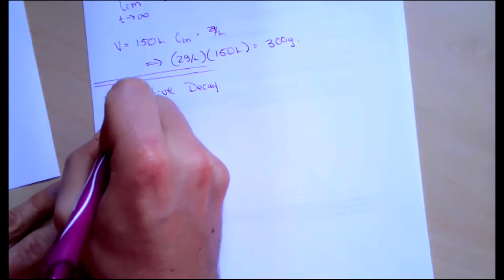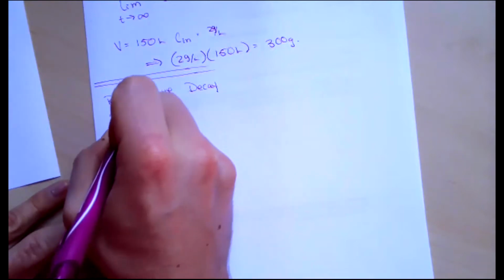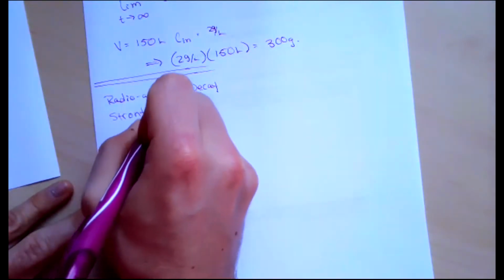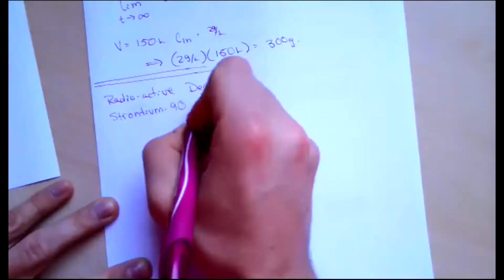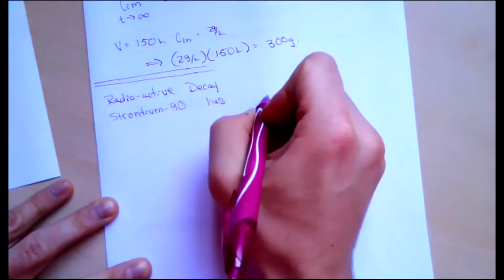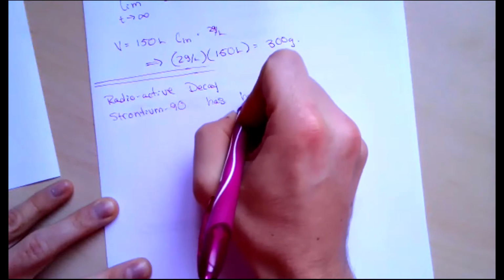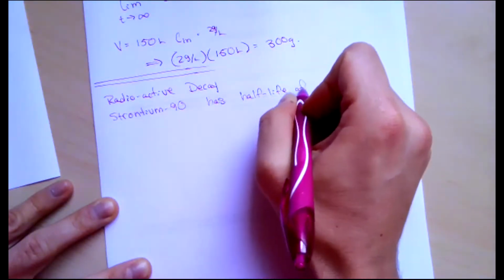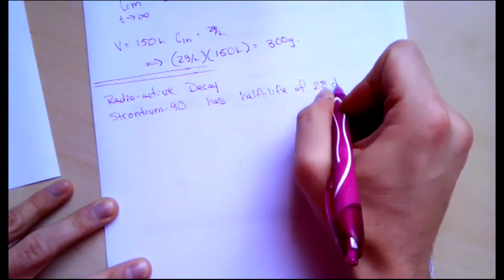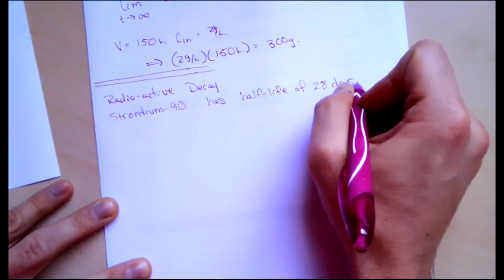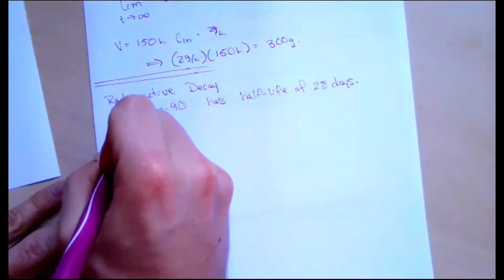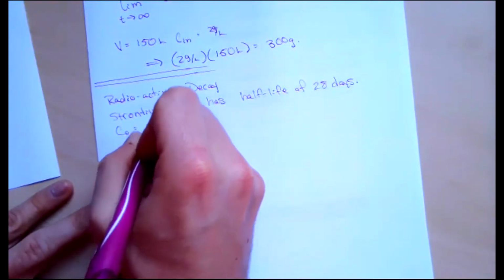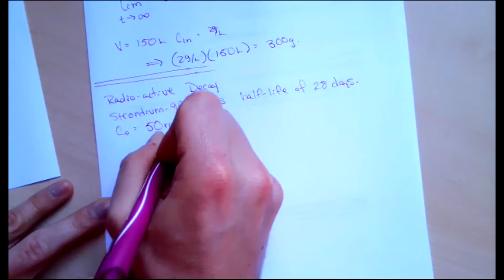And we have a problem that says strontium-90 has a half-life of 28 days. And we initially start with 50 milligrams.